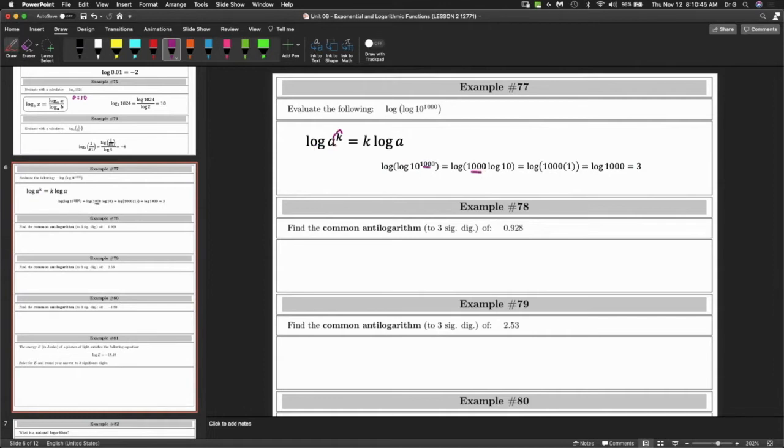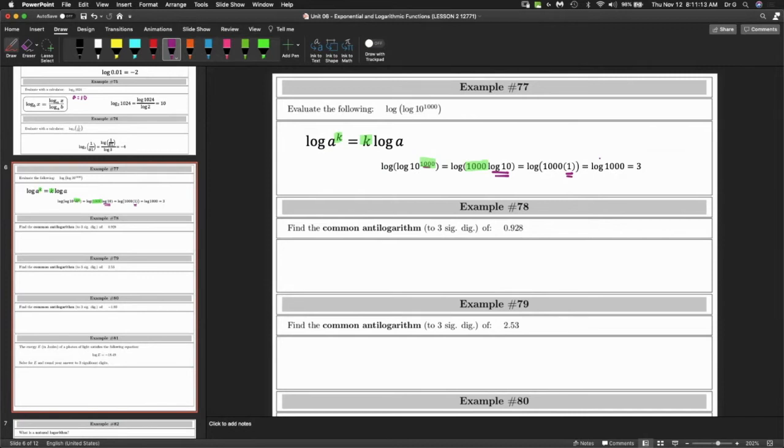So I'll just circle the value k there, or just kind of arrow it or something. Let's use the highlighter. So that's what I did with that, okay? And then log of 10, having issues with the highlighter here. Log of 10 would equal 1. See, log of 10 equals 1.